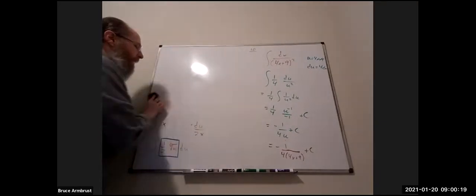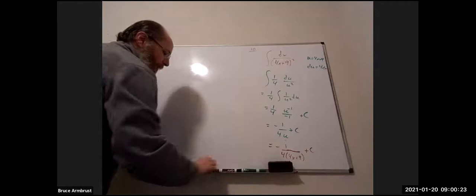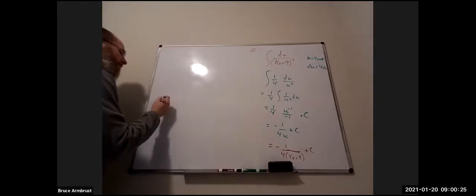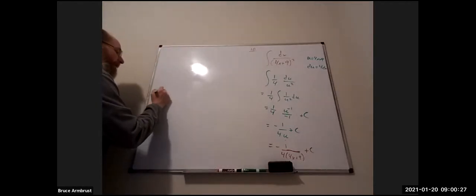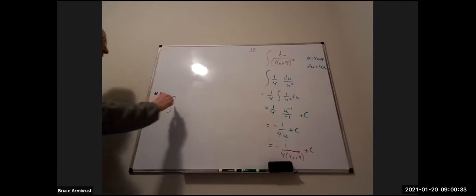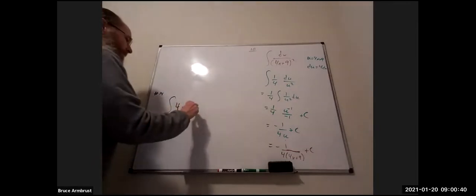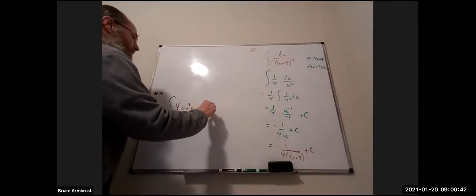All right, so this guy, we're integrating, at least my number 14, looks like the integral of 4 sine squared s times cosine of s ds.